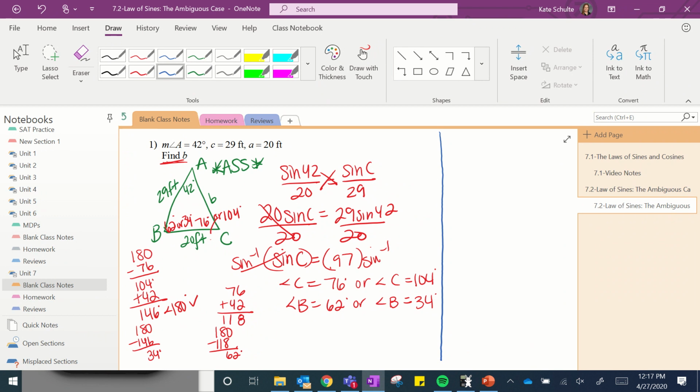We're still using law of sines, and we're going to do the same thing once with angle B as 62 and once with angle B as 34.